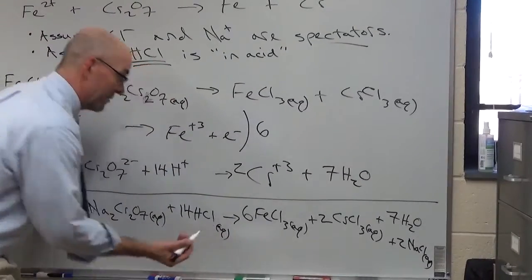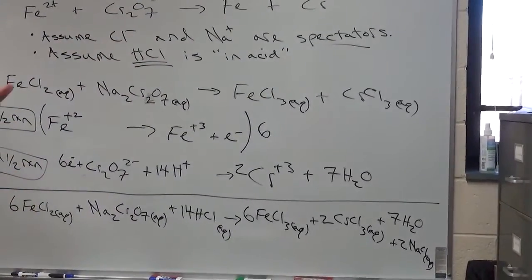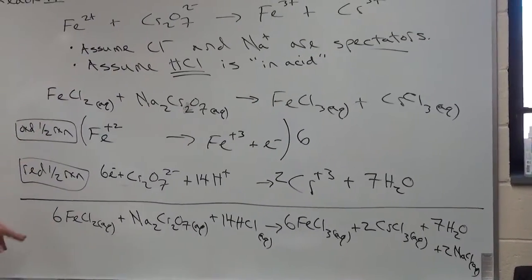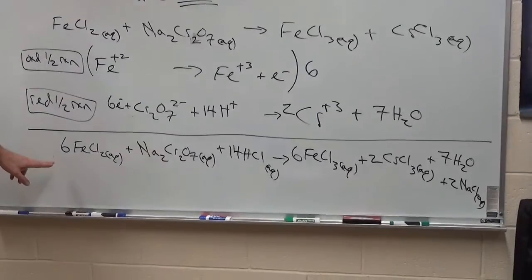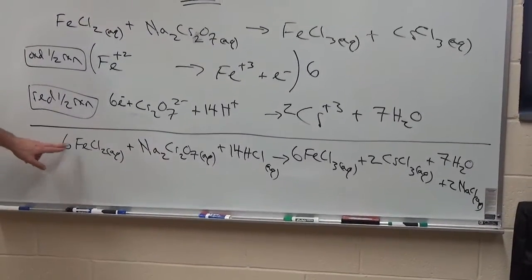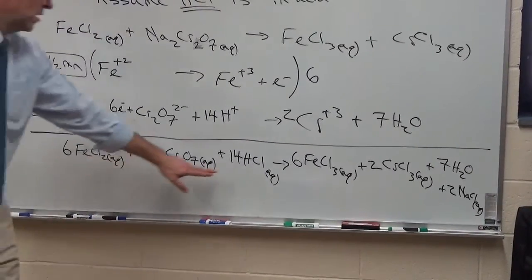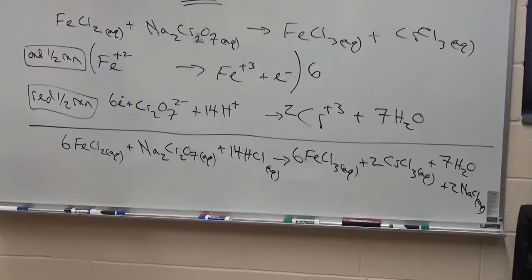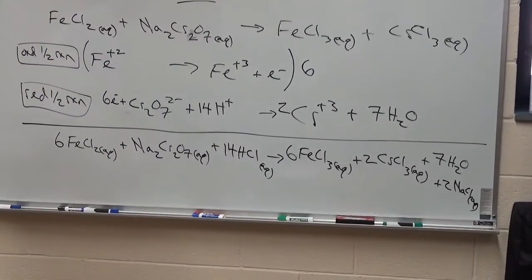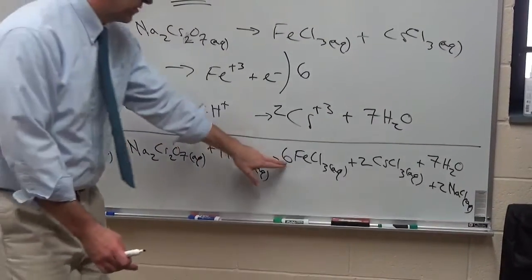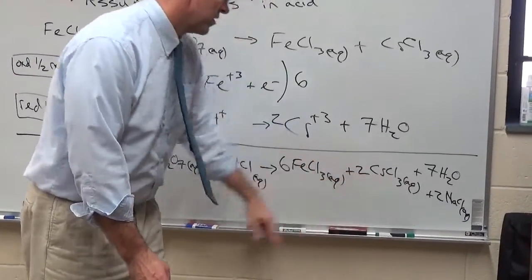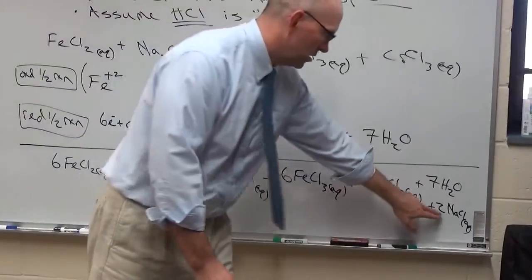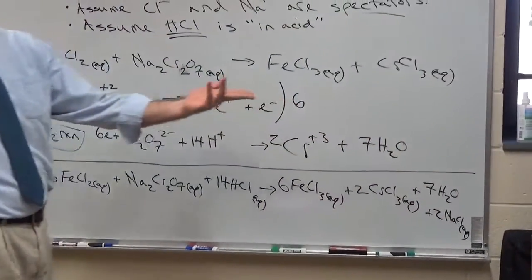Now, if thermodynamics does work, everything should balance now. So you have 6 irons, 6 irons. Chloride, there's a whole bunch of them. 12 plus 14 is 26. Okay, so it's 26 chloride, so we've got 18 there, plus 6 more is 24, well, plus 2 more that we had to add in, so I think that works.